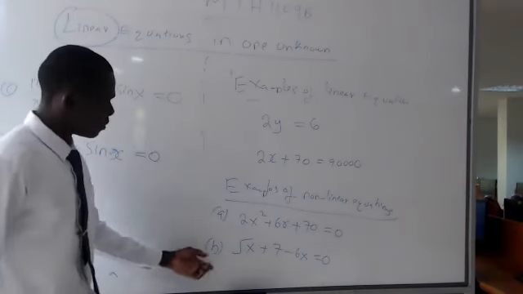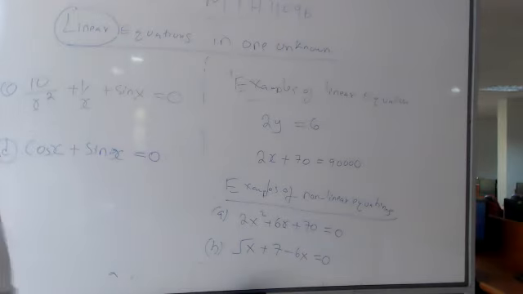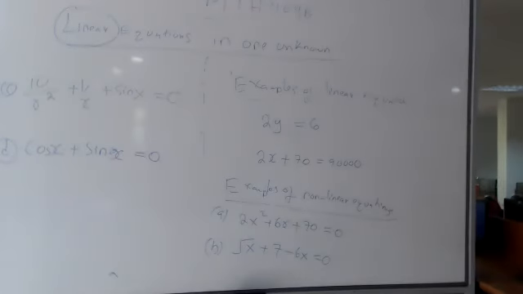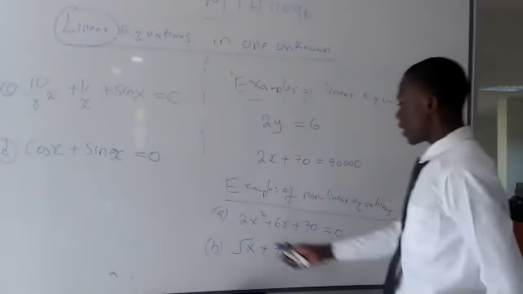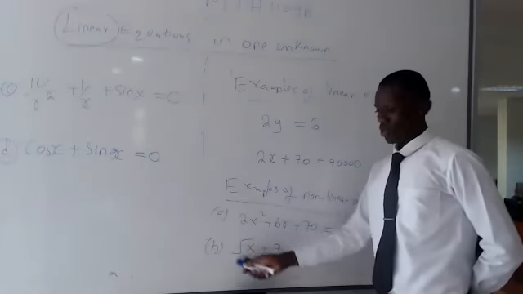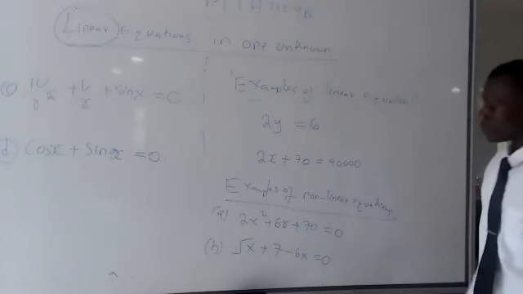How about B? Why is B nonlinear? It's nonlinear because the degree of x is a half. Yes, we have a term that has a half as its degree. So this is not linear.